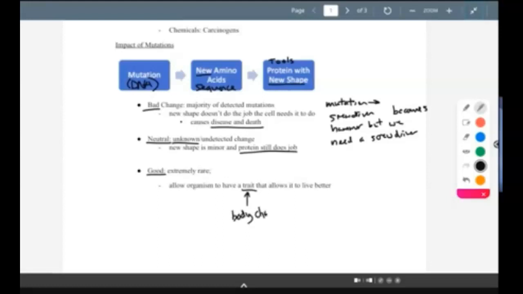So it can't be something that is just at the cellular level. It's something that has to affect the whole organism. And it has to allow the organism to live better. That's what makes it good, right? Is that they're living better.